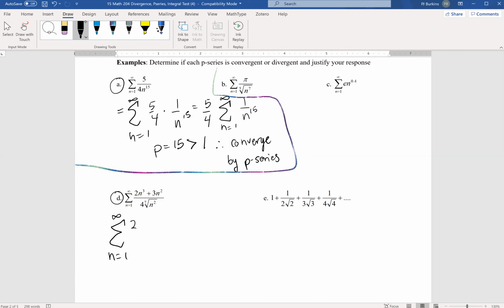First one being 2/4 times n cubed over n to the 2/7, plus another sum, which is 3/4 times n squared over n to the 2/7.